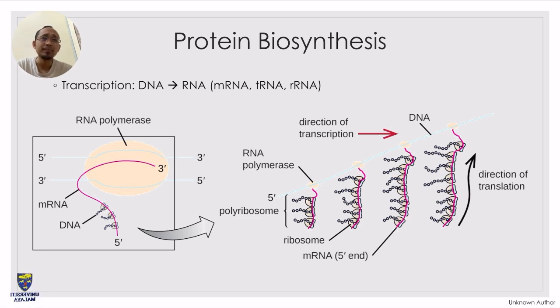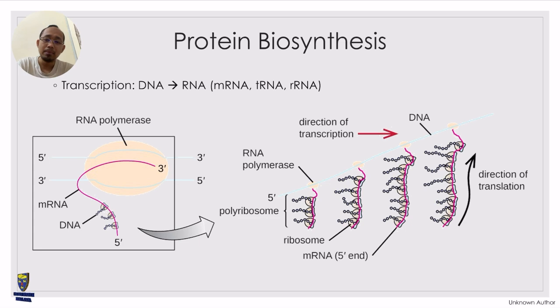If you only have one DNA, how can you produce a lot of proteins, right? Because if one DNA produces only one RNA, and one RNA can only produce one protein, it would take time to produce a lot of proteins, especially as we all know, our body produces protein very quickly and on a large scale.